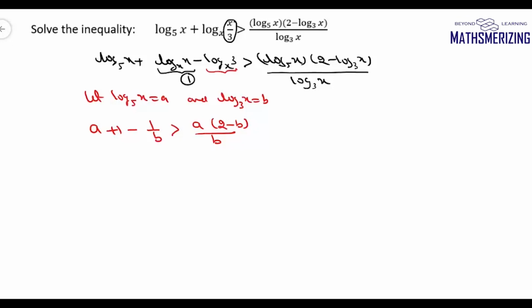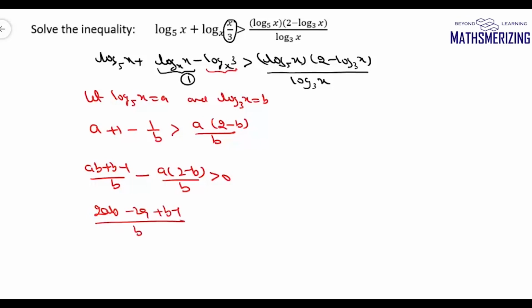So I'll write ab plus b minus 1 upon b and minus a times 2 minus b upon b, and it should be greater than 0. So I'll write it as 2ab minus 2a plus b minus 1 upon b, and it should be greater than 0. So if I take 2a common, I can factorize it as 2a plus 1 times b minus 1 upon b, and it should be greater than 0.